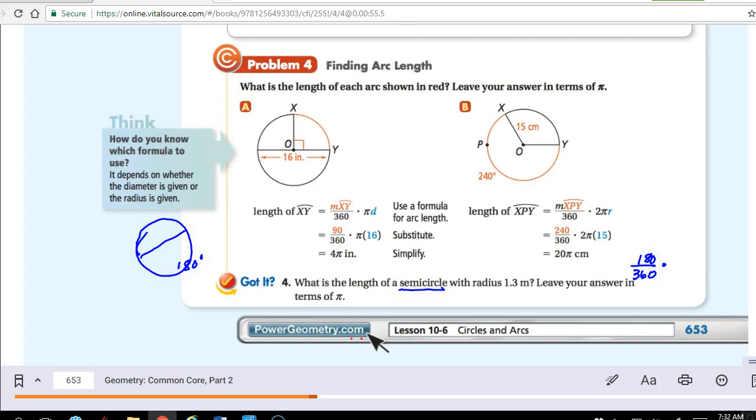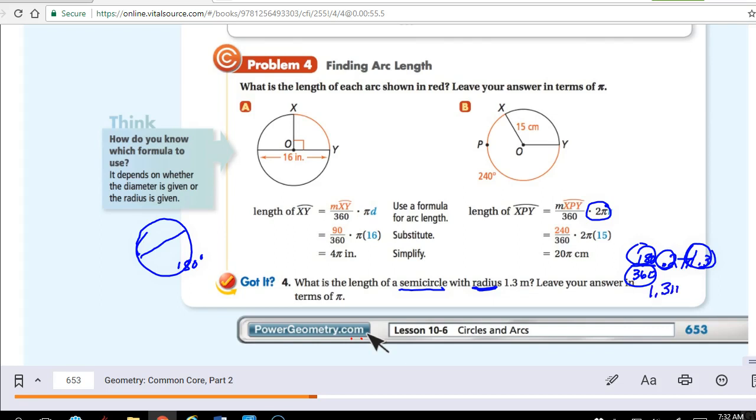You're going to multiply that by, again, this time it gave us radius, so I'm going to use the 2 pi r. So 2 times pi times 1.3. Okay? And when I multiplied all of that together, 180 divided by 360 times 2 times 1.3, it ended up being 1.3.